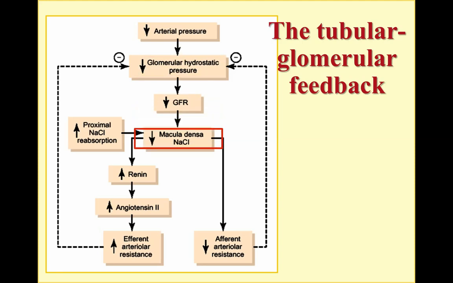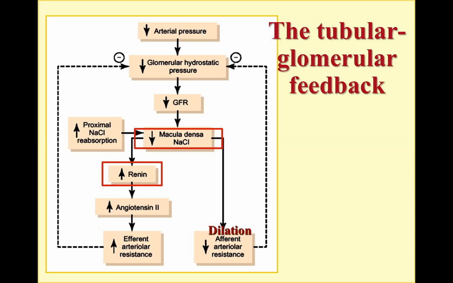Then, due to greater reabsorption of sodium and chlorine, sodium and chlorine level in the tubular fluid in the distal tubules is decreased, where cells of macula densa can sense this sodium and chlorine decrease.